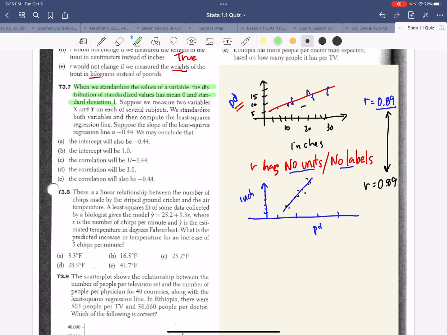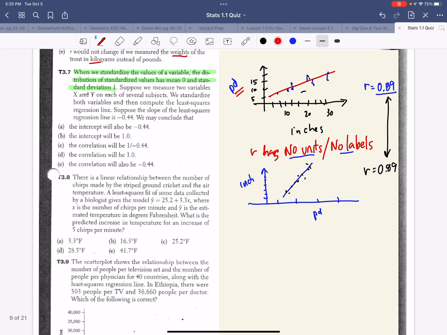Suppose the slope of the least squares regression line is negative 0.44. So that would be a picture. So the dots are going kind of down, left to right, not super close to the line of best fit. So maybe that would look like an R of negative 0.44, right?